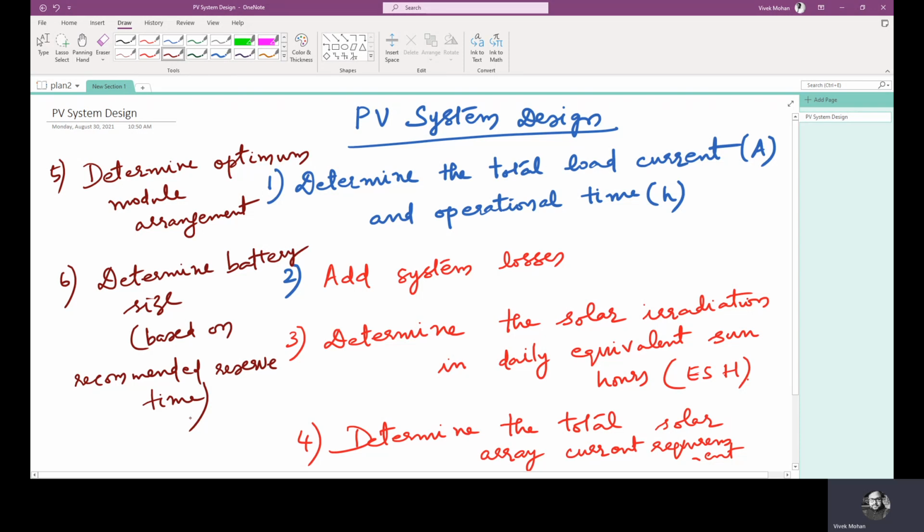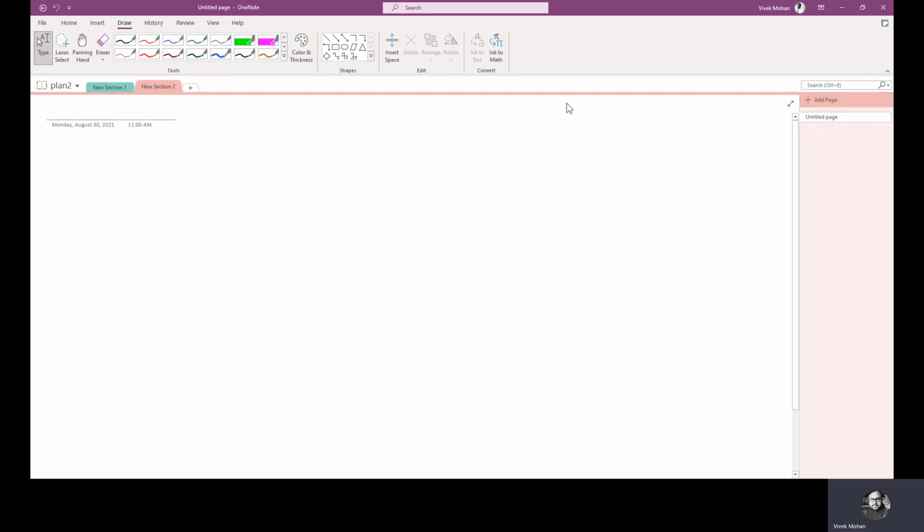Now we will see an example with a load requirement, and we'll see how the PV system is designed. Let's see the data. I have 4 loads, A, B, C, D. A and B are DC loads, and C and D are AC loads.